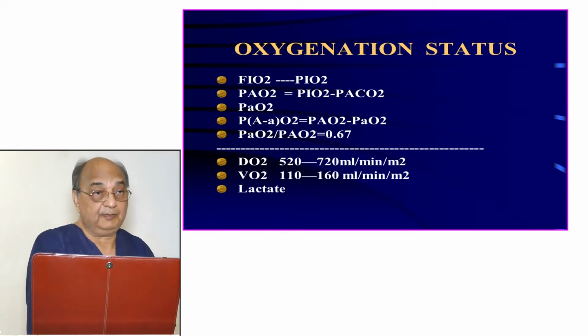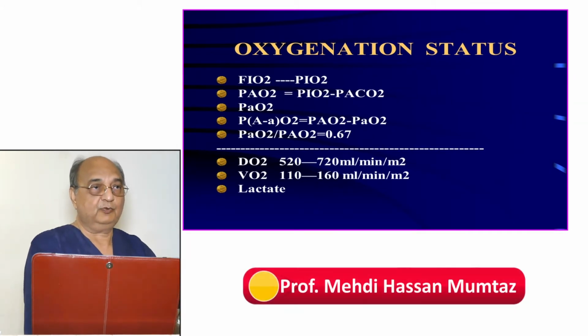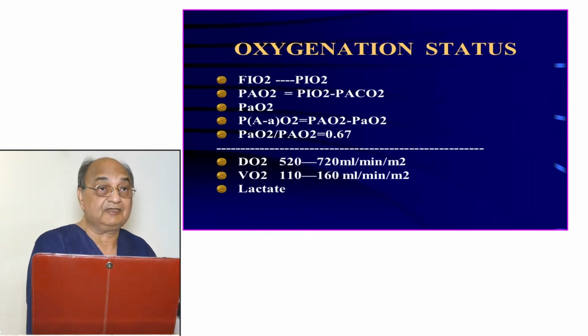Once you have assessed up to the level of lactate, it means you have assessed the oxygenation status of the patient: FiO2, PiO2, PAO2, then PaO2, then percent saturated hemoglobin, amount of hemoglobin, then DO2, then VO2, and the extraction ratio, then look at the lactate. If you have done up to that, the person who asked you the question will be satisfied that you have assessed the oxygenation status.